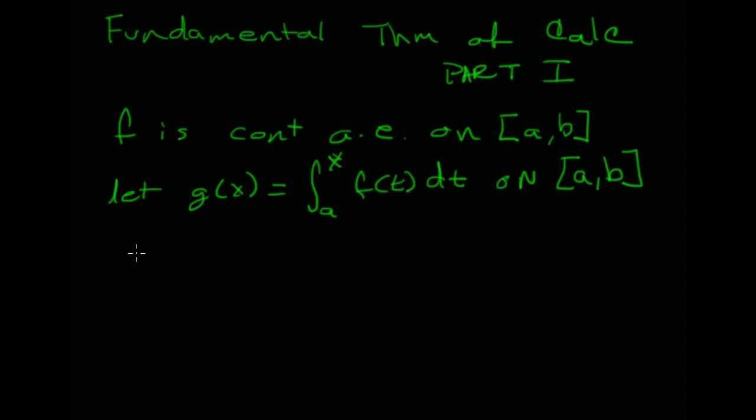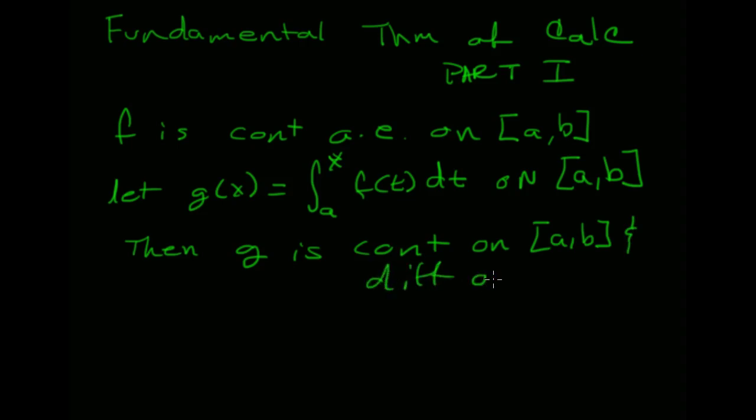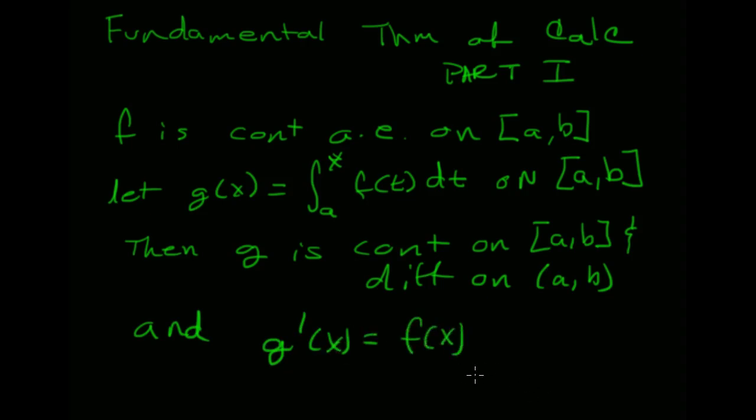Okay, so then g is continuous on a, b, and it is differentiable on a, b, and most importantly, g prime of x is equal to f of x.